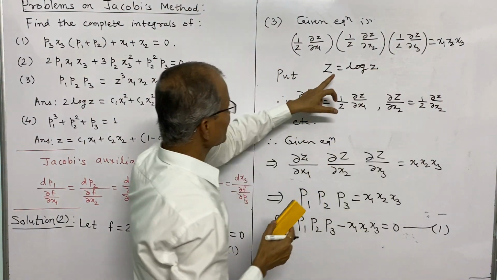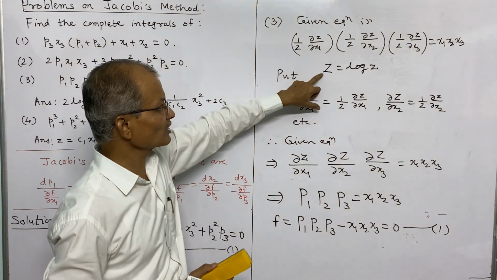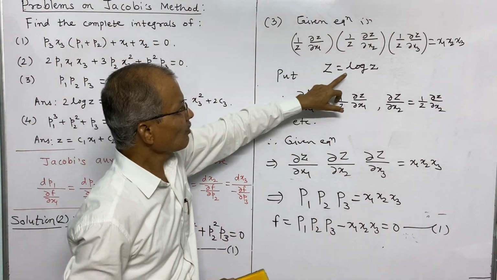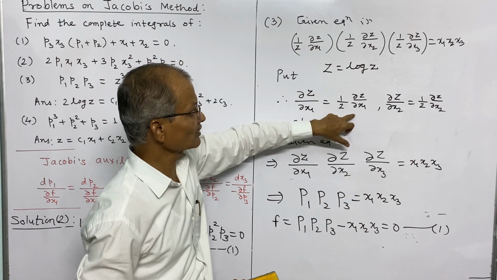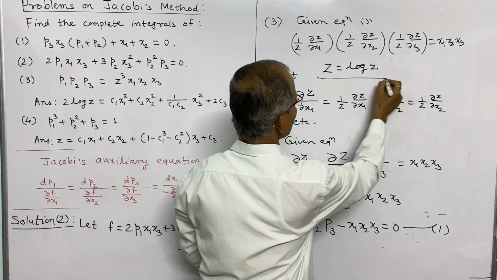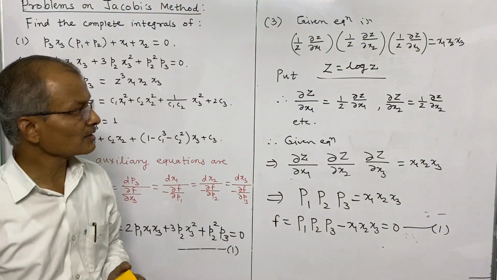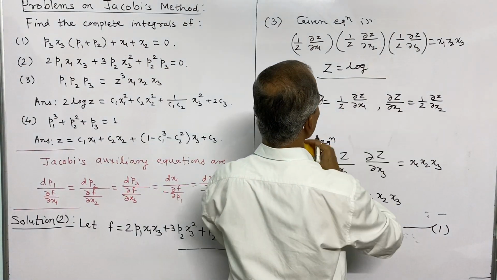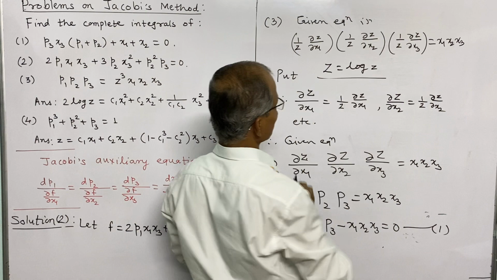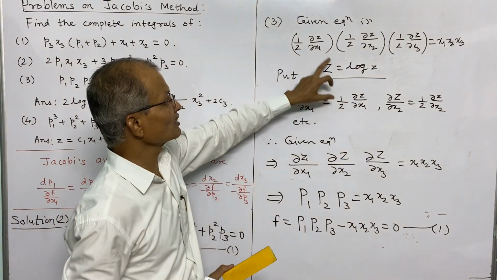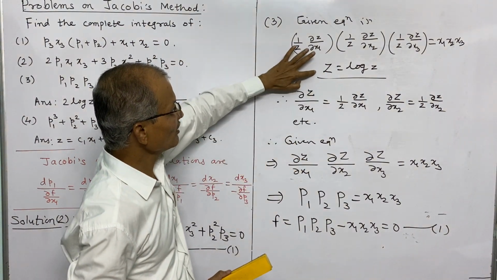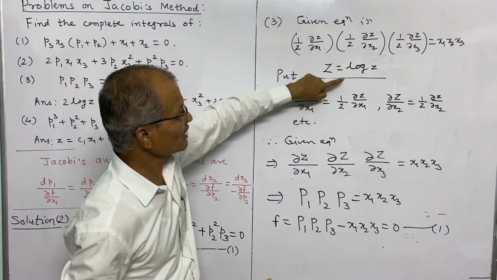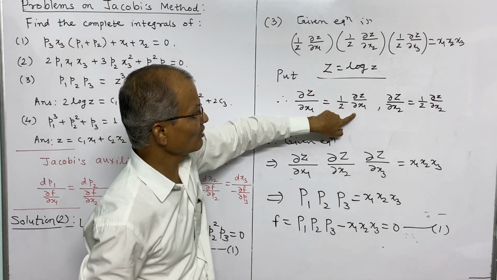If capital Z is equal to log z, then what is the partial derivative of capital Z with respect to x1? It is 1 by z dou z by dou x1. So this is correct. This is capital Z, so capital Z equal to log z is the substitution. Then the partial derivative of capital Z with respect to x1 is 1 by z dou z by dou x1.